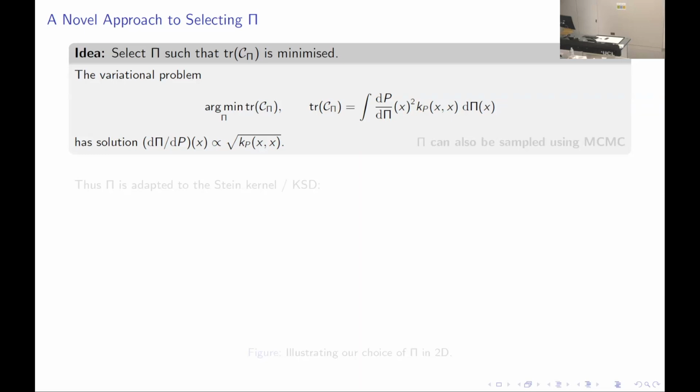So basically, pi is proportional to the density of your target modified by this term. Intuitively, you end up with something that's similar to your target. Obviously, if pi is extremely different from the target, then things will go horribly. So even if you don't do any of this, you should construct a pi that is similar to your target, maybe slightly fatter, slightly tempered, right?